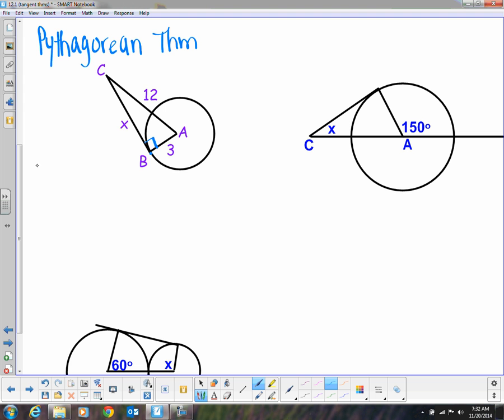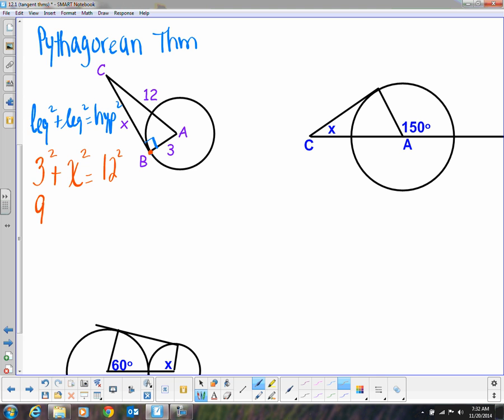Pythagorean theorem, if you remember, is legs squared plus legs squared equals the hypotenuse squared. What are the legs? The ones that are attached to this right angle. 3 squared, does 12 touch that right angle? No. 3 touches the right angle, and what else? X. So it's going to be 3 squared plus x squared is equal to 12 squared.